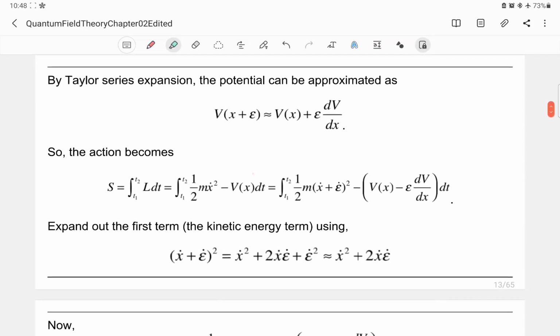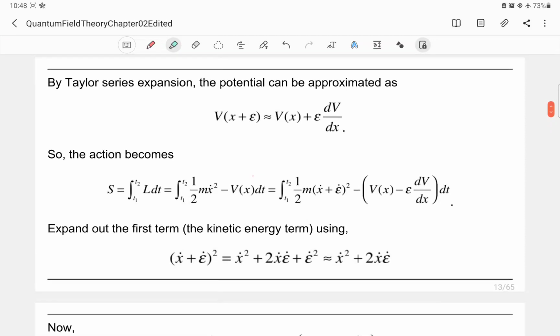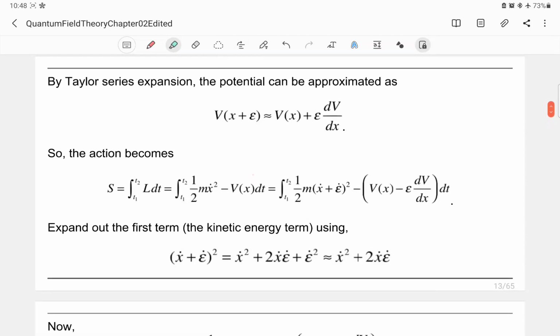So we can expand the potential by writing it in Taylor series expansion. If you have a small perturbation in your coordinates, say epsilon, then you can write this function in terms of this.